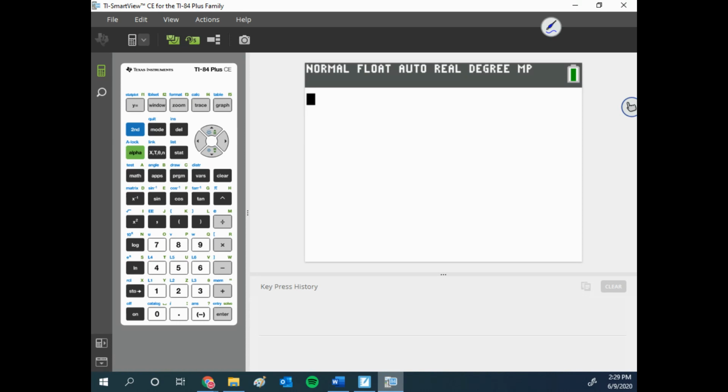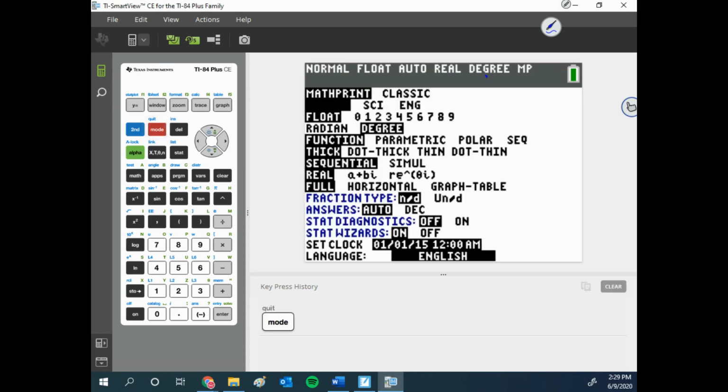The first thing to do is check that your calculator is in degree. Mine tells me right at the top, but depending on your calculator it might not, so hit the mode button next to second and make sure degree is highlighted in black.